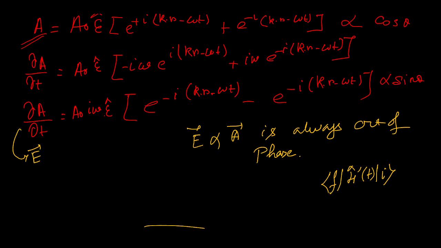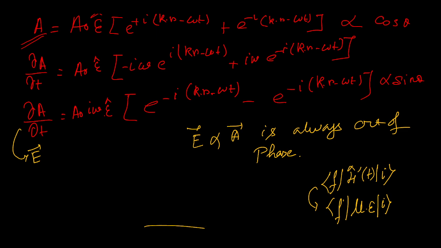The transition dipole moment actually determines whether the transition from i to f is possible or not. If this value goes to 0, then the transition is not possible. If you derive this, it will come like mu dot E.